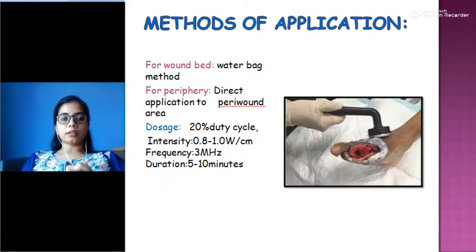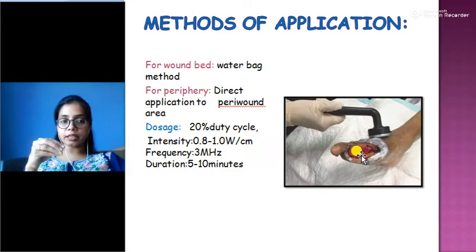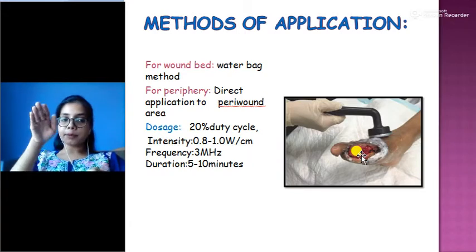Now, there are two types of application for ultrasound. Whenever you are treating the wound bed, you will be using a water bag method. The water is filled in a bag. The ultrasound conducting gel is applied to the surface of the bag, which is placed over the wound.